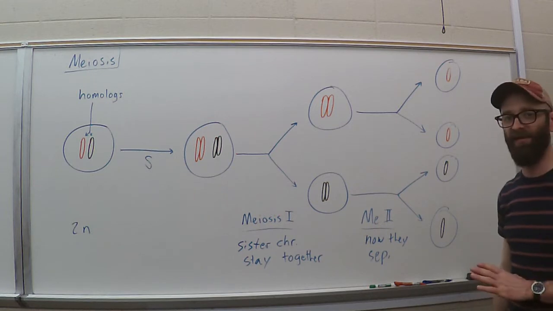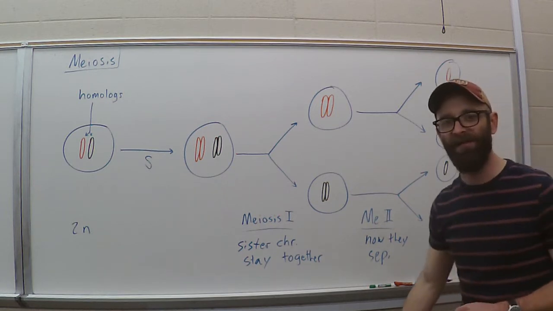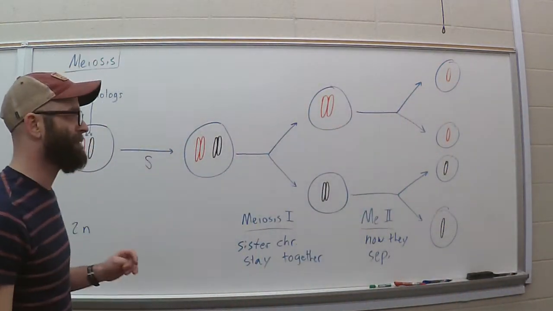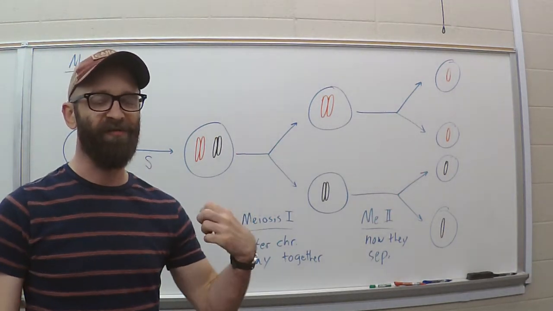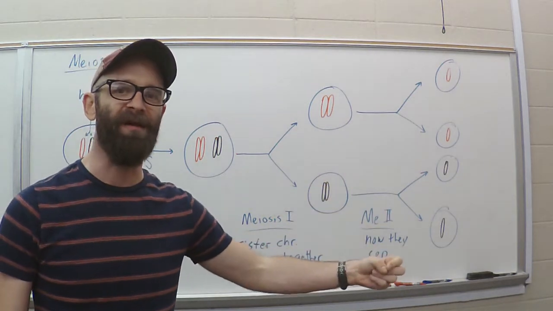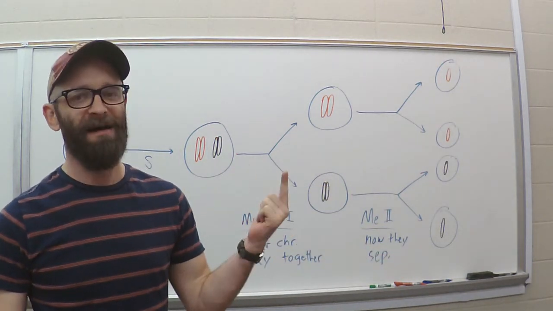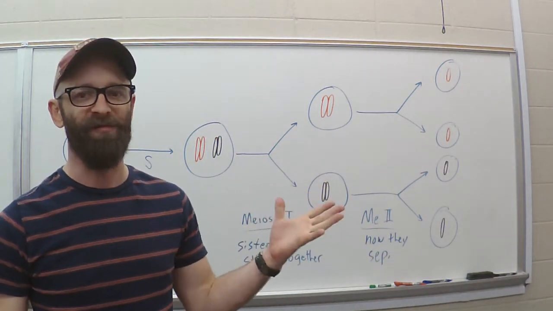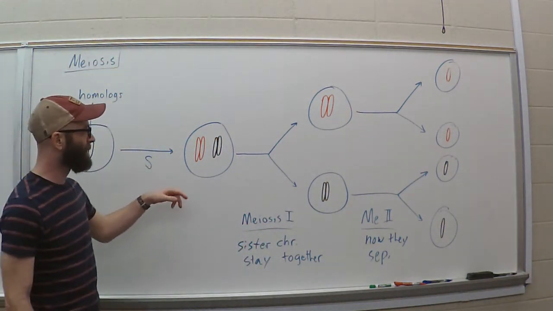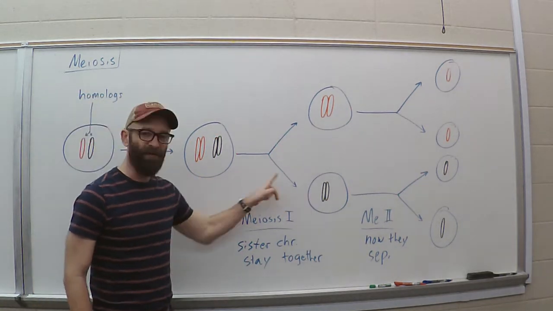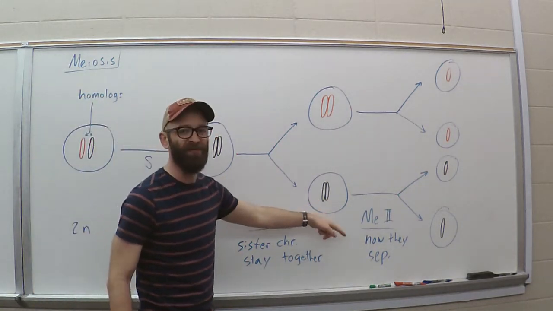One thing that you can't do here is mix up, don't think that meiosis is just mitosis with another round of cell division. That's a temptation. It's a mistake that a lot of students make. They look at this and think, okay, well, this is just mitosis, and then there's just another round.